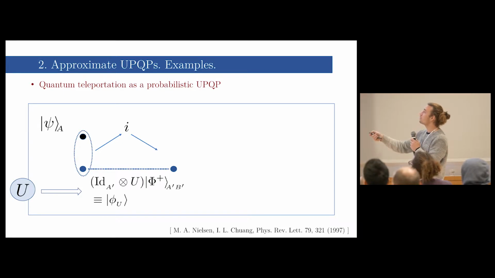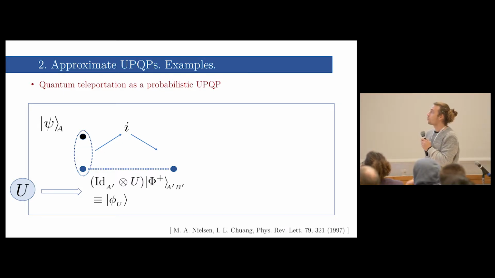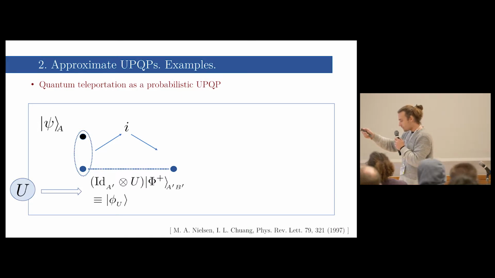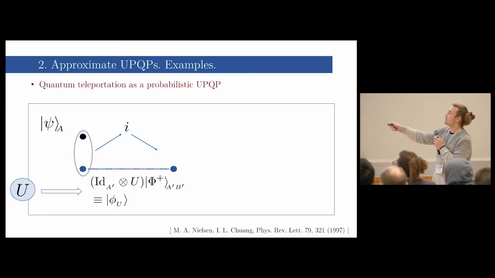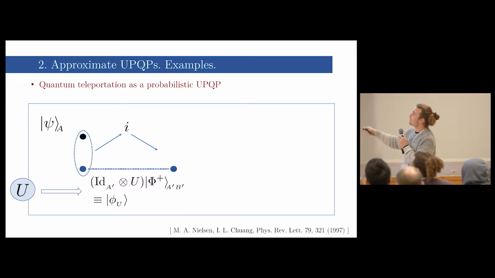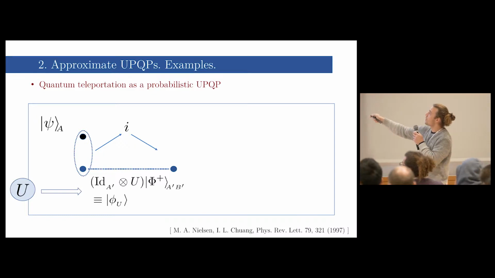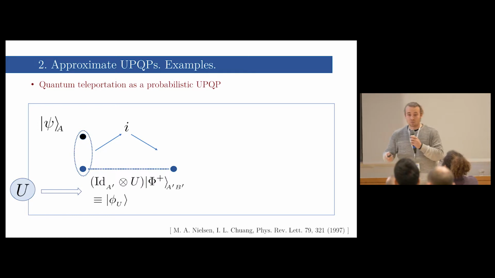Imagine that we now want to apply some unitary U on our input state psi. What we do is encode this unitary in the entangled state that the two agents share. The encoding is just as simple as applying this unitary to Bob's part of the entangled state. So then we perform again the same protocol.